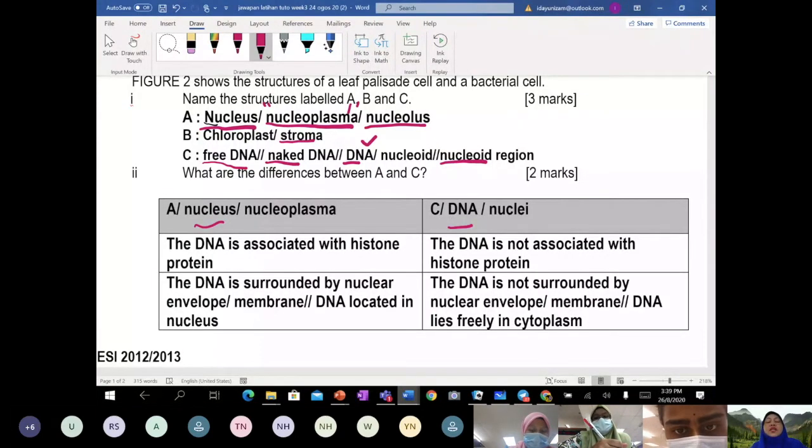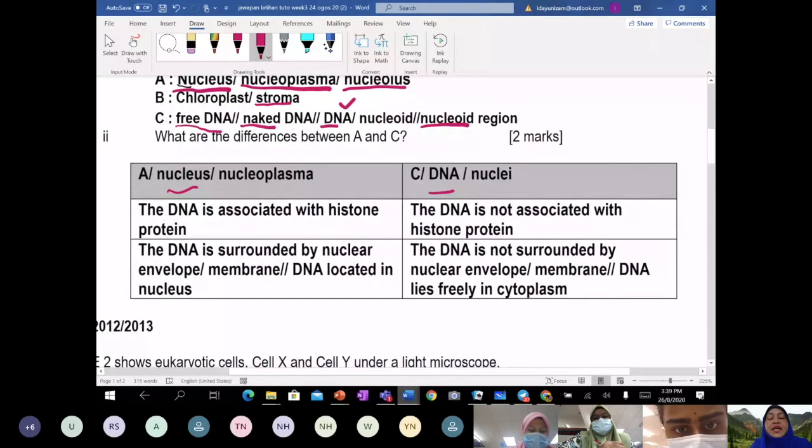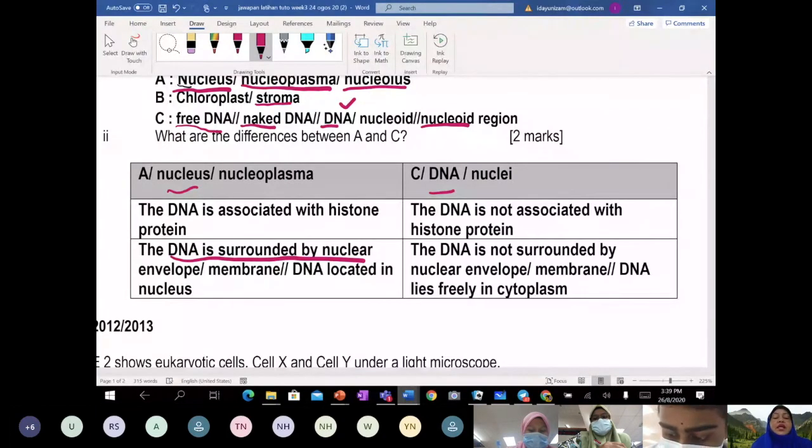So when we talk about nucleus compared to DNA of bacteria, obviously, like teacher keeps on mentioning, the DNA of plant cell is surrounded by nuclear envelope, whereas the DNA of bacteria is not surrounded by nuclear envelope.